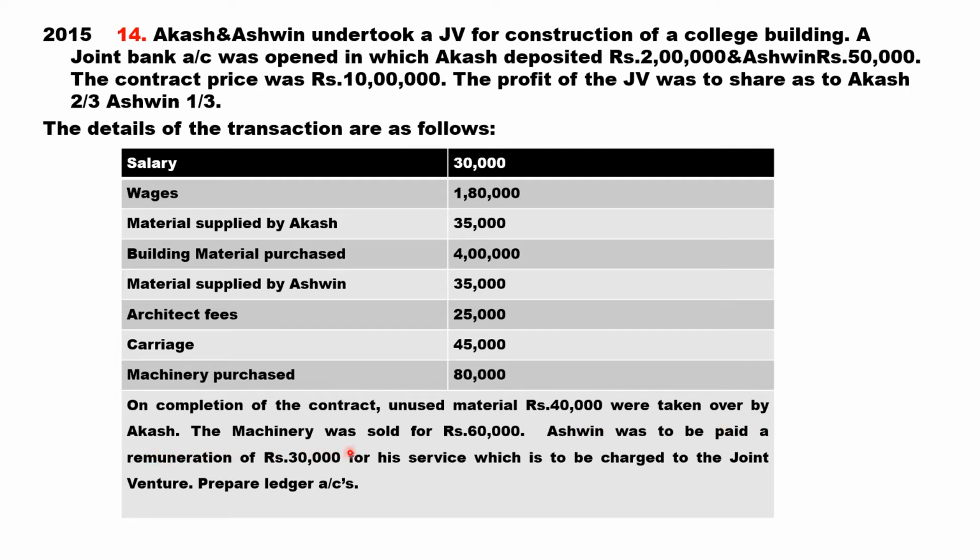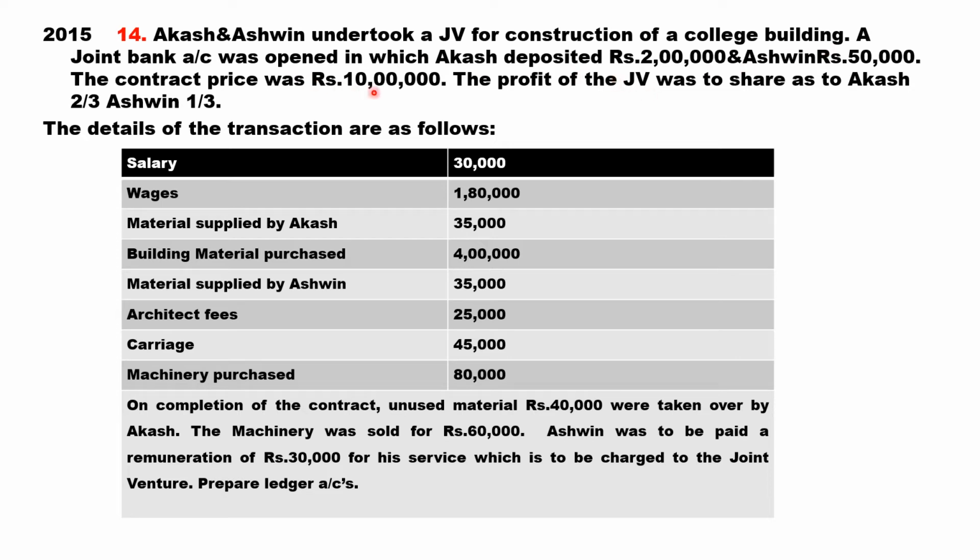The machinery was sold for rupees 60,000. Ashwin was to be paid a remuneration of 30,000 for his service, which is to be charged to the joint venture. Prepare ledger accounts.